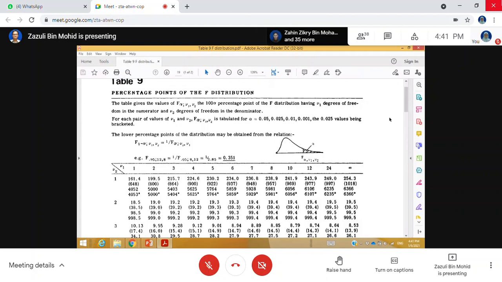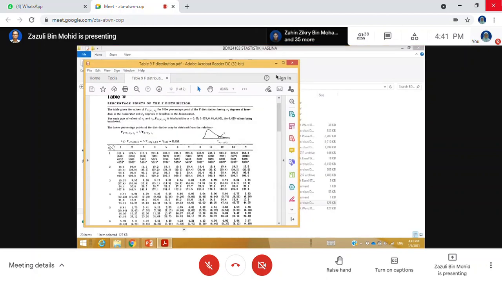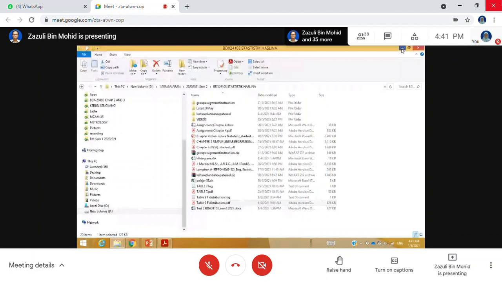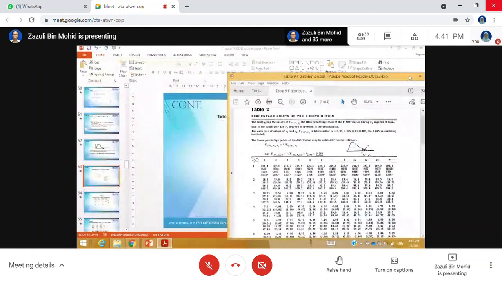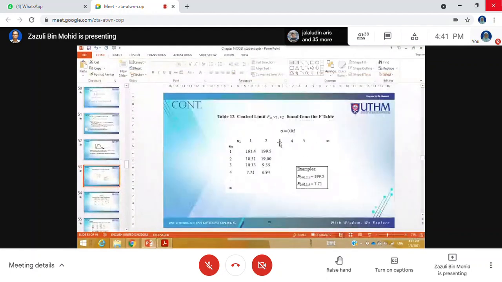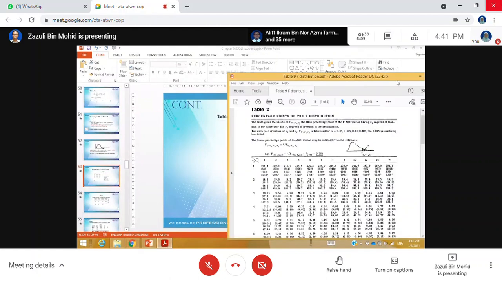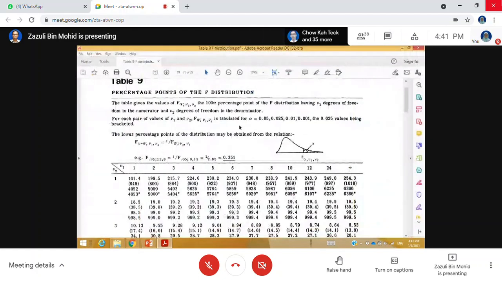Okay, so in this case, if we want to get the value of alpha 0.05 with 2 and 1, that means 0.05 will come at the first line. 2 and 1 means that 2 here and 1 here.